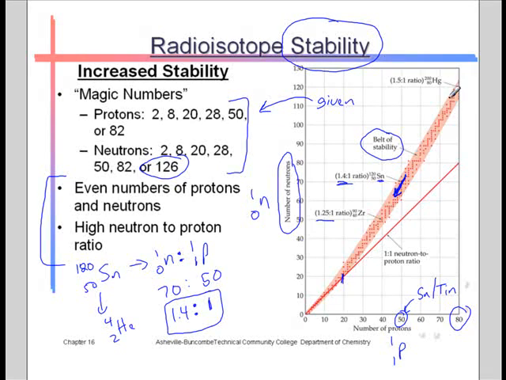There's a little bit of a zigzag as it gets up there, but I'm not expecting a lot of nuclear chemists out of you guys. So I just want to expose you to the chart and the concepts here, and give you some level of comfort when you're looking at this particular subject.